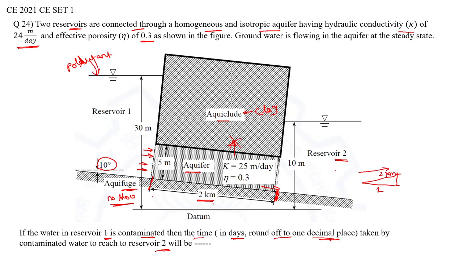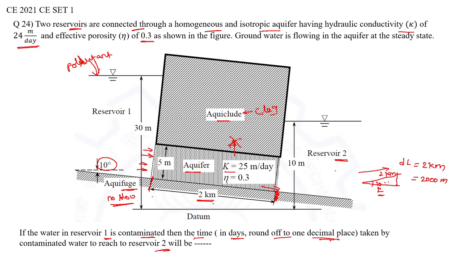The flow is happening over 2 kilometers, and one may compute the other length using trigonometry, but that is not at all necessary, because the flow travels the whole 2 kilometer distance. So delta L should be 2 kilometers, or 2,000 meters. Keep that in mind.